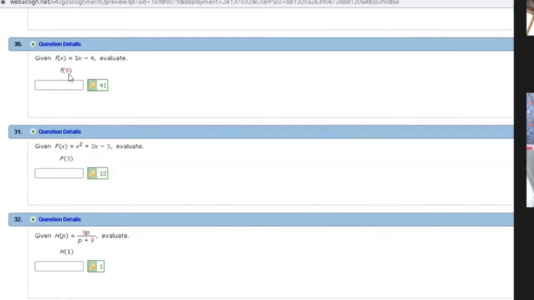So same thing we did before with evaluating, just with a better understanding. So f of 9 means that we're plugging 9 in for that x, okay? If we look at 31, f of 3 means wherever we see an x, we're plugging in the 3.